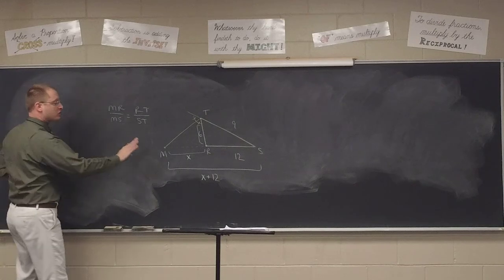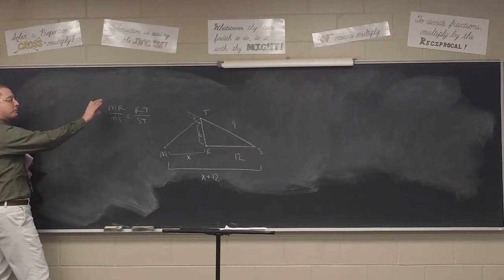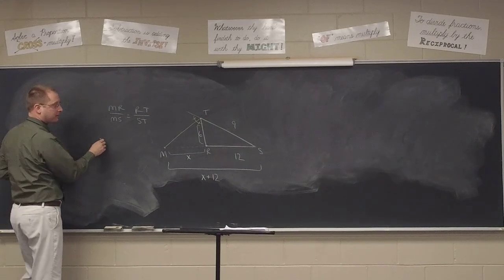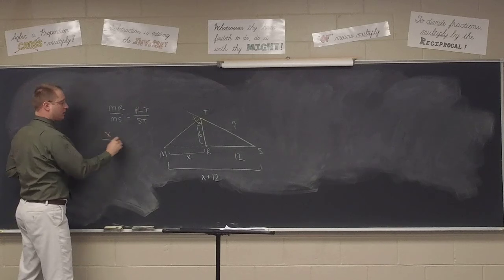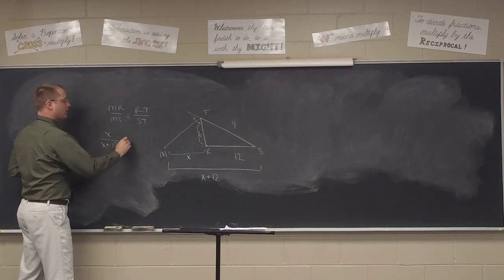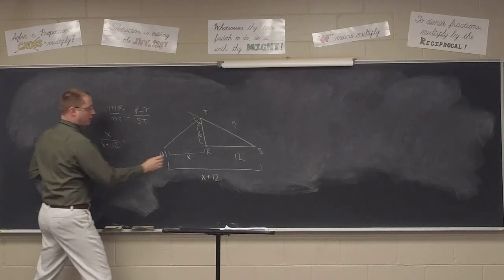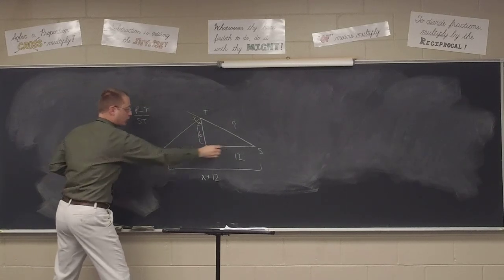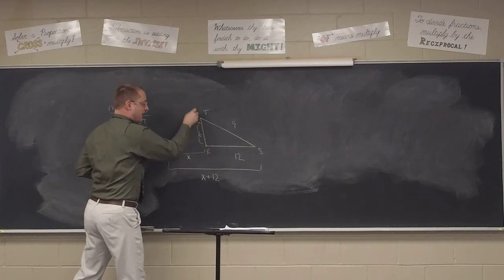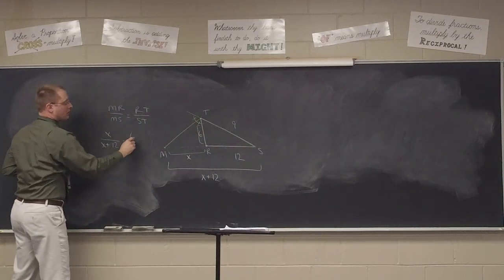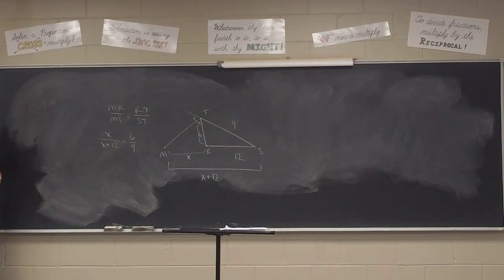So, plugging these values into the proportion now, Jamie, what would it look like? It would be X is to 12 minus X as... Careful. This segment over this segment, this side over that side. 6 is to 9. Does that make sense? Anyone have this proportion? Almost.